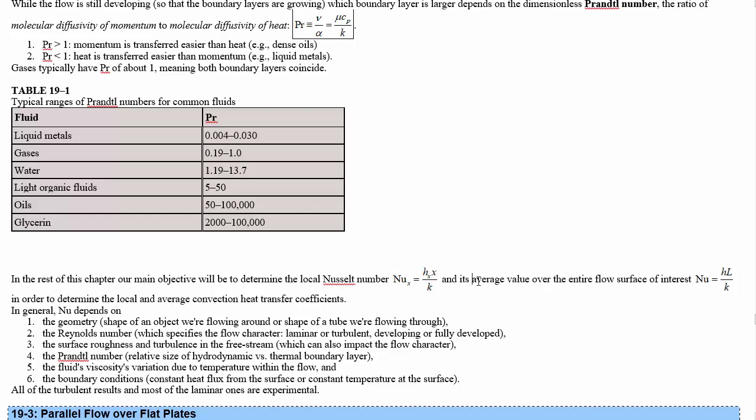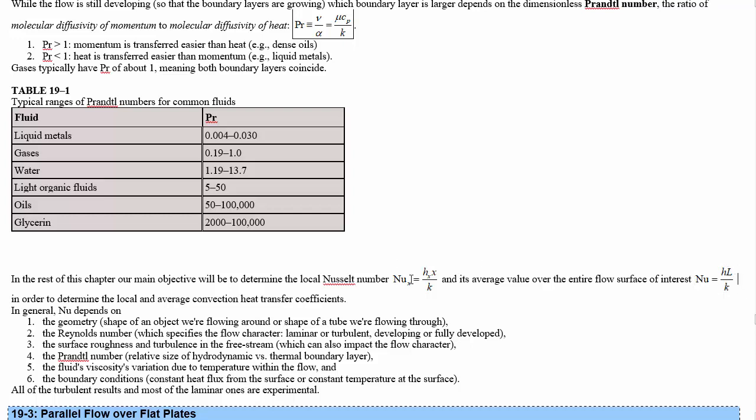And we're at times going to be distinguishing between the local Nusselt number, the Nusselt number at a specific point, which is related to the convection coefficient there, and what you might call the global Nusselt number, or the Nusselt number over the entire area. Now it's a little bit misleading because this is not actually the average of the Nusselt number. This is the Nusselt number which uses the average h.